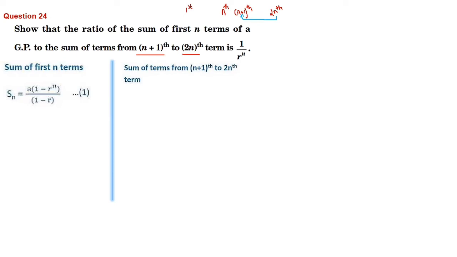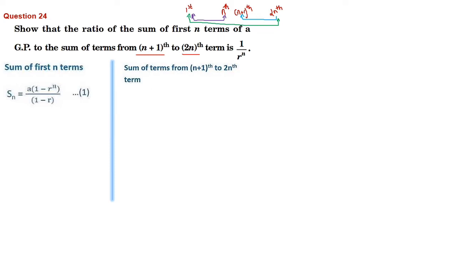This sum, how do we calculate? We are going to calculate from the total sum. The total sum means from the first term till the 2nth term. From the total, if we subtract the first group, first term to nth term, we will be having the (n+1)th to 2nth sum.